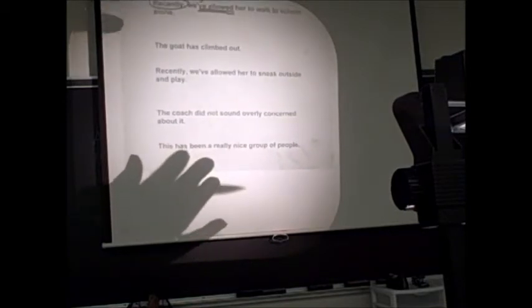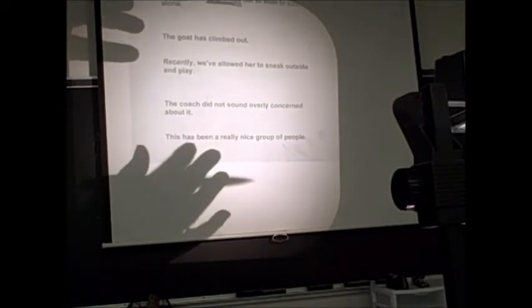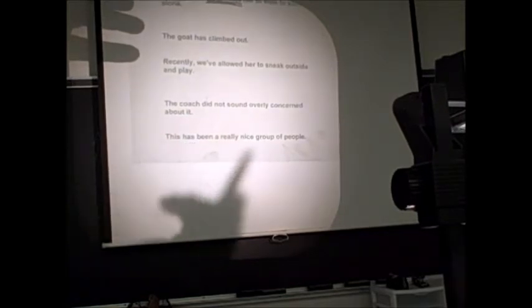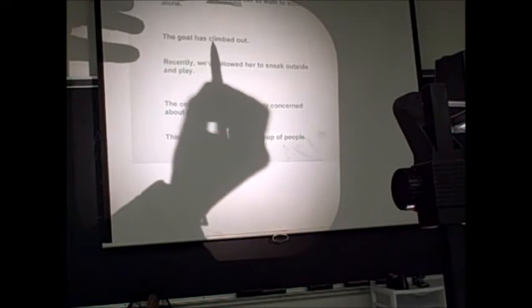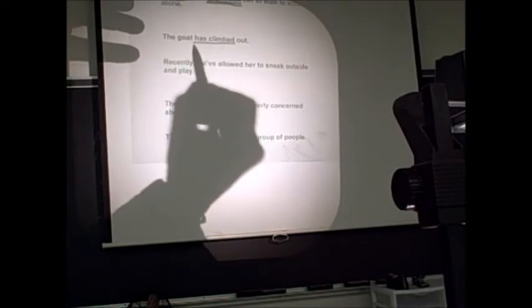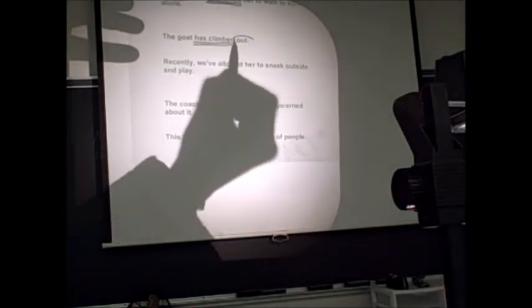The next group has adverbs that answer the question where. Okay, the goat has climbed out. It has climbed, and if we ask where has it climbed, this is the answer.